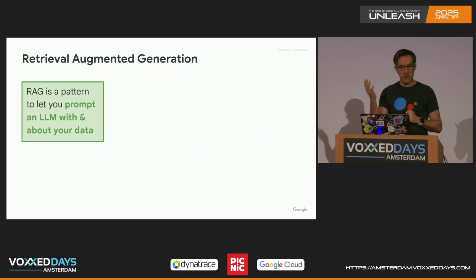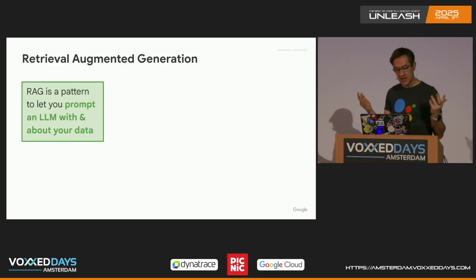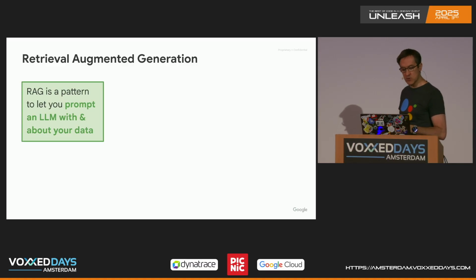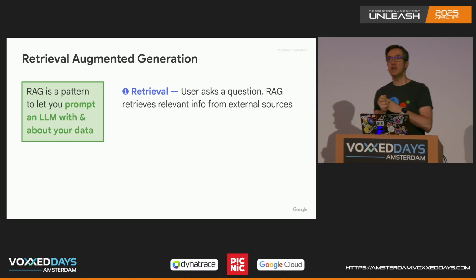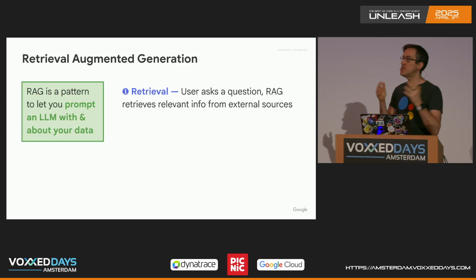RAG, Retrieval Augmented Generation, is an architectural pattern so that you can prompt an LLM with questions about your data. There's the retrieval phase. We're going to search in a database or some search engine, etc. It could be Elasticsearch.